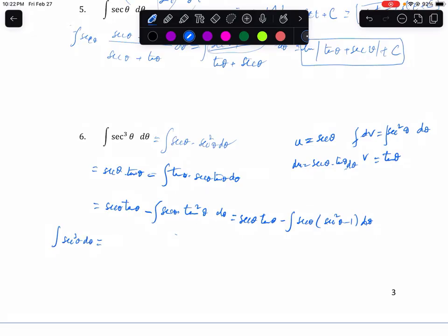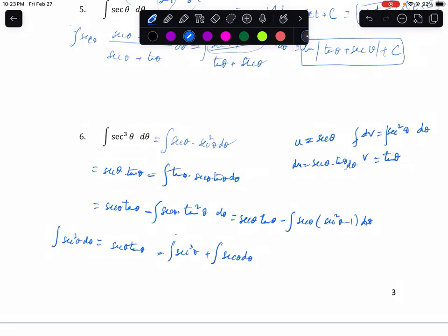This is what we are expanding. So we end up getting this equal to secant theta tangent theta minus the integral of secant cube theta. Now, if I distribute the integral sign, then it will become plus the integral of secant theta d theta.